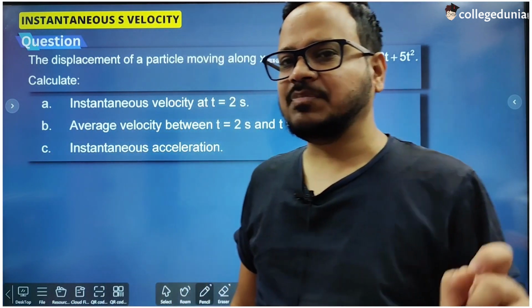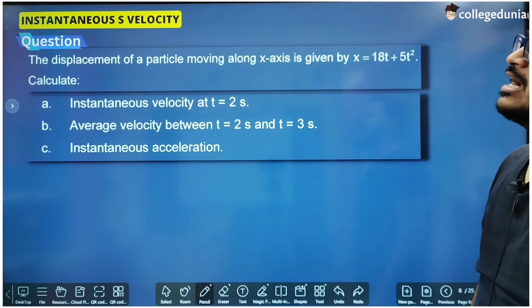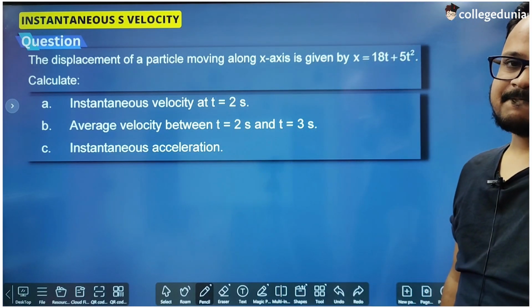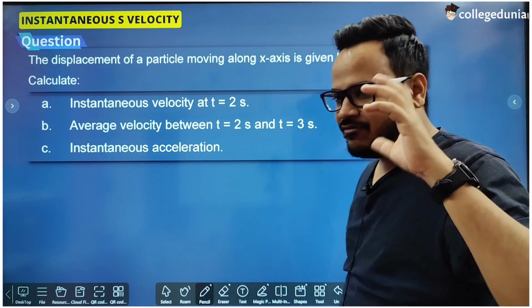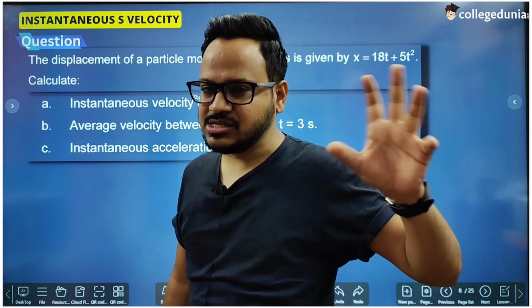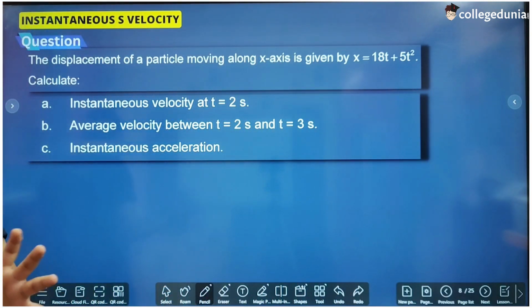Instantaneous speed and instantaneous velocity are calculated using differentiation. We are not going to study the concept of differentiation here; we have different videos for that. We are just going to apply it, because this is a short lecture on motion in a straight line, so we are restricting ourselves to the topics of this chapter.